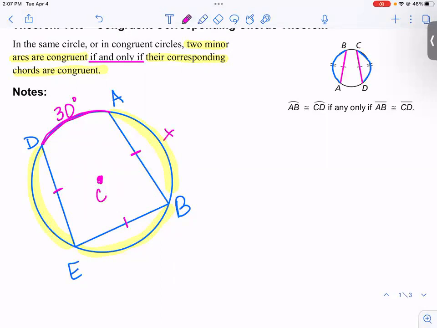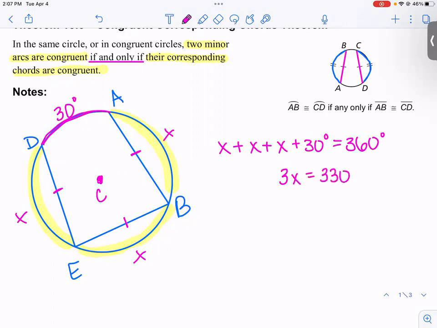Can I call them X? Okay. And I know that my three arcs plus 30 degrees should add up to be 360. Right? So each of those arcs equal 110 degrees.